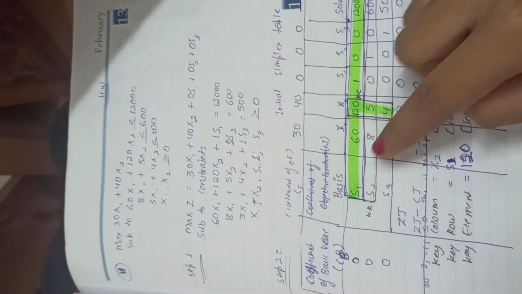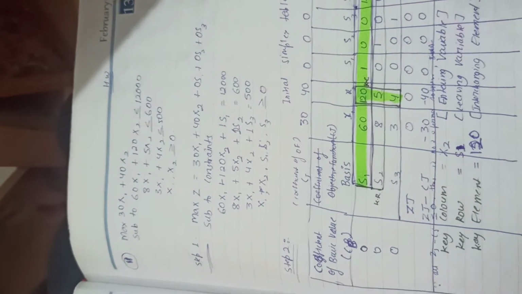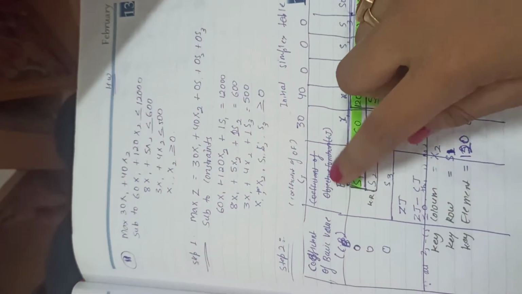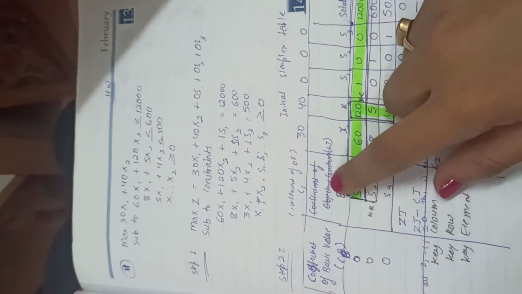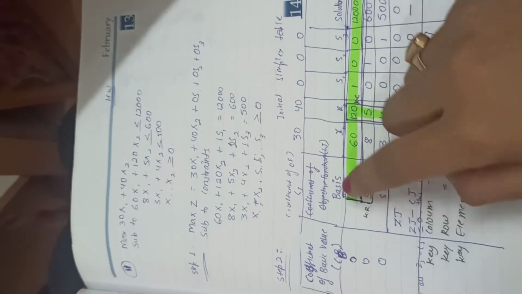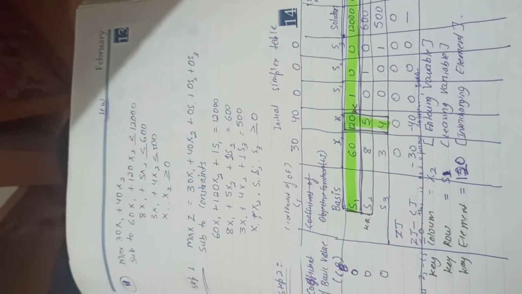In place of s1 we are going to write x2. We simply write x2, and then we enter its value, determining it with the interchanging element. We have a formula for that.